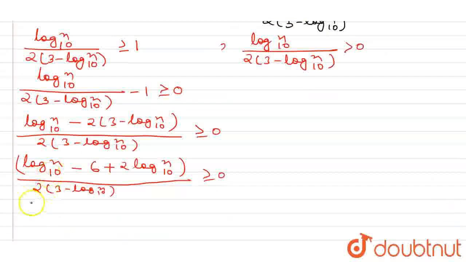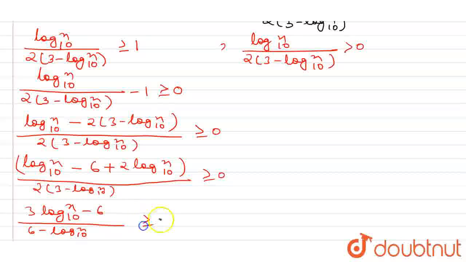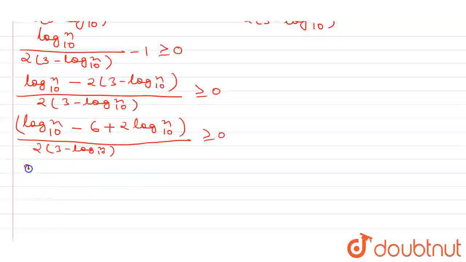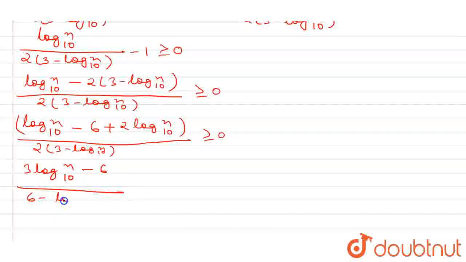I can write it as 3 log x to the base 10 minus 6 upon 6 minus 2 log x to the base 10 should be greater than or equal to 0.